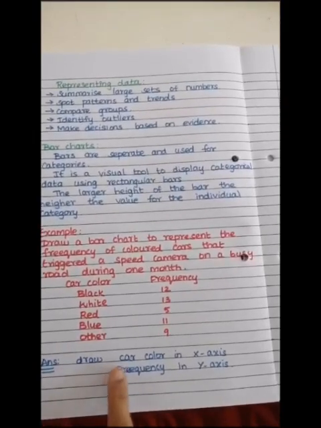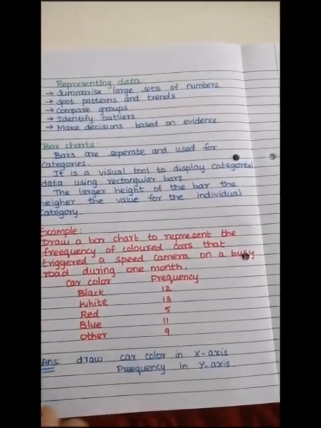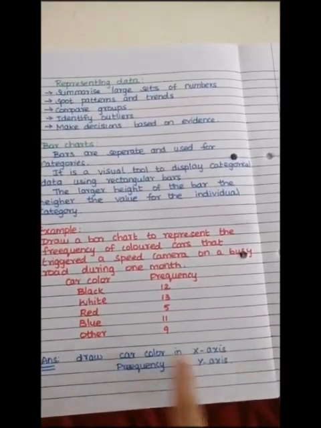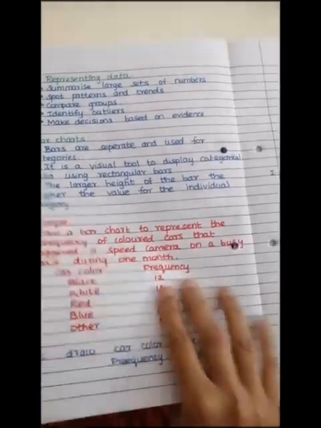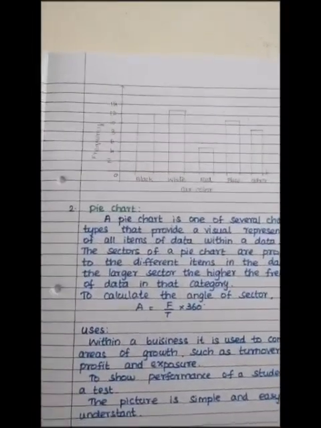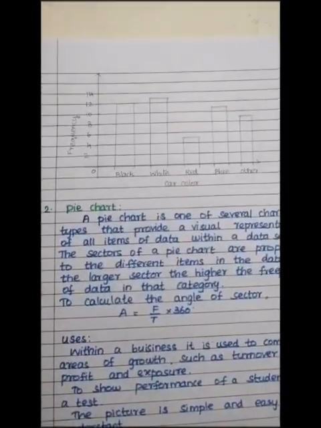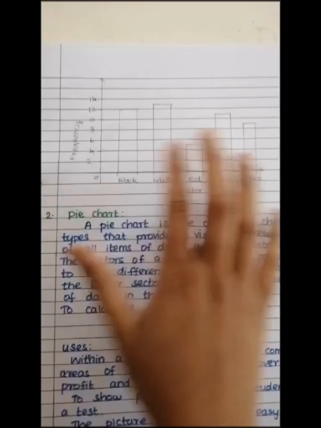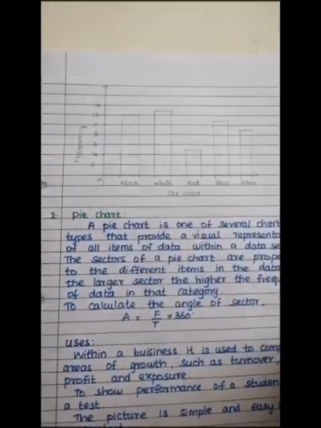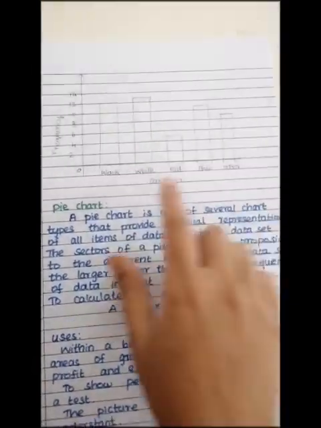We have to draw the car color on the x-axis and frequencies on the y-axis. This is the bar chart. Why is the bar chart useful?